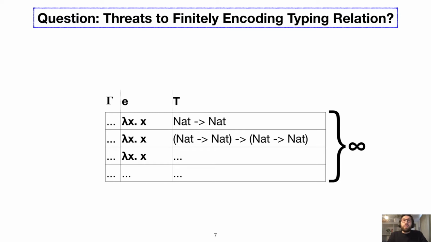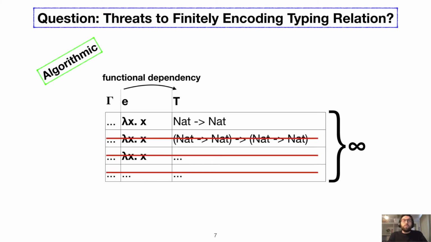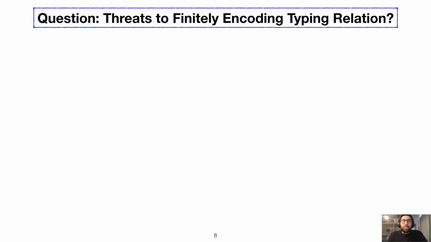In our work, we assume an algorithmic type system, which means that the expression uniquely determines its type. And in Datalog, this is called a functional dependency, where Datalog now only has to consider one type for a given expression. Therefore, types are not a threat to finitely encoding the typing relation.